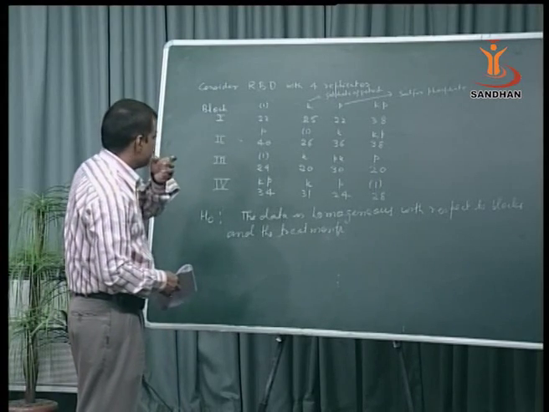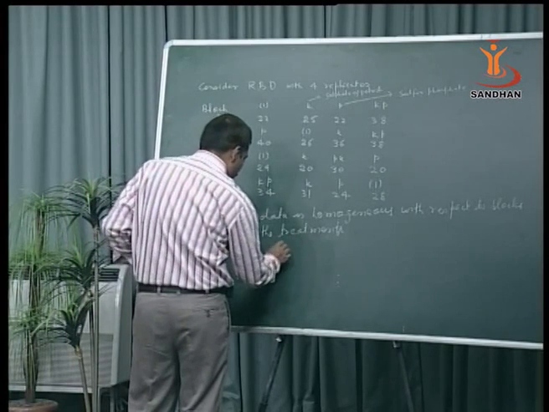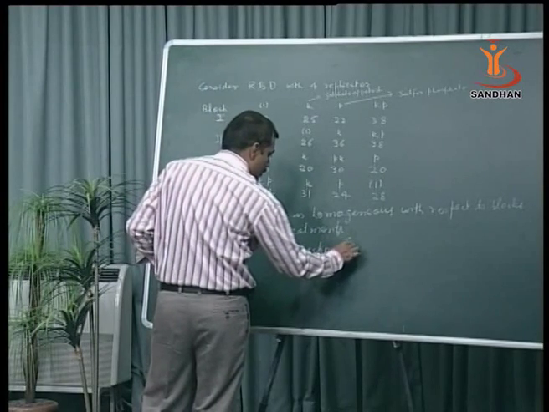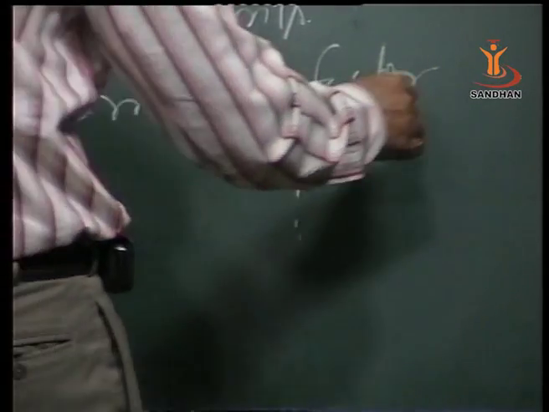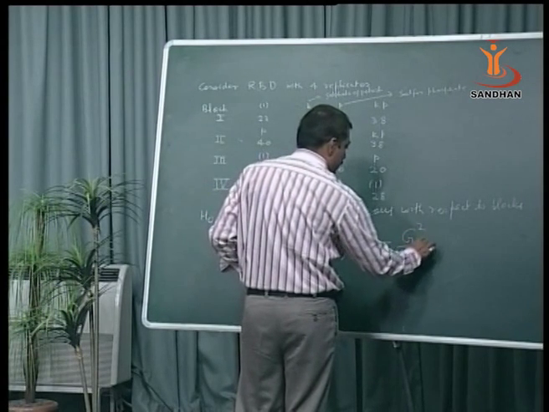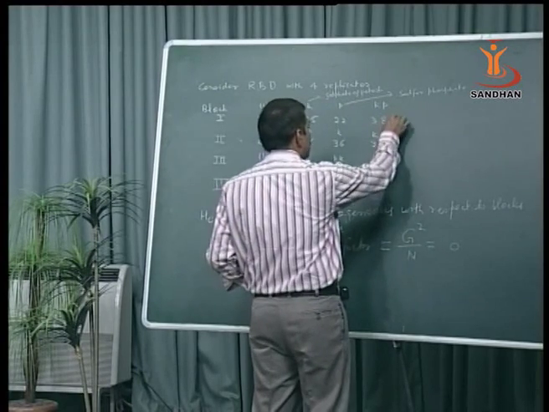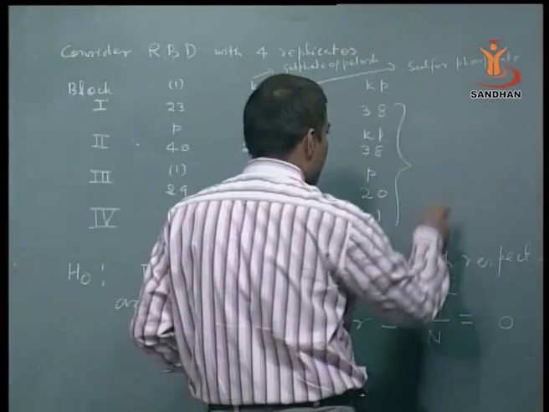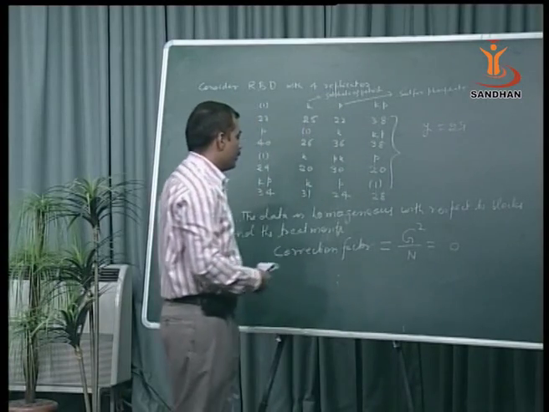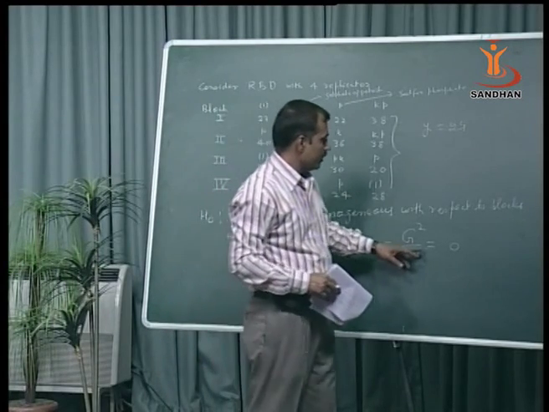Now by applying Yates method, we calculate the grand total and other factors, for example the correction factor for the analysis. The correction factor is given by the formula G square over N, and this is 0. We round off all these values by taking y equal to say 29.